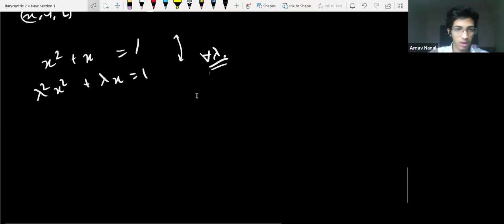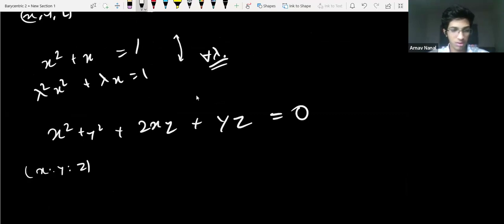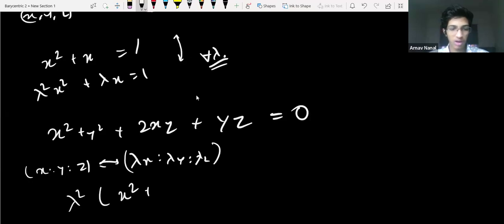On the other hand, if you have something like x square plus y square plus 2xz, I'm just writing random stuff, equal to 0, and you replace x, y, z by lambda x, lambda y, lambda z, then you can take lambda square common from everything, and you get the same equation again. So this satisfies the equation if and only if this satisfies the equation.